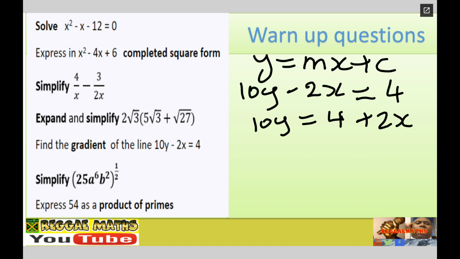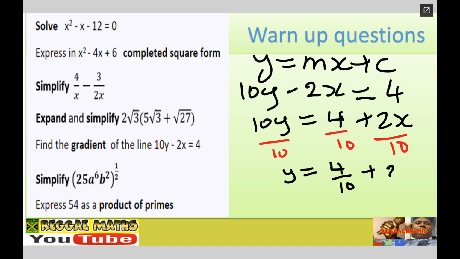We end up with y equals 4 over 10 plus 2 over 10x. So my gradient is 2 over 10, which is 1/5. My gradient is 1/5.